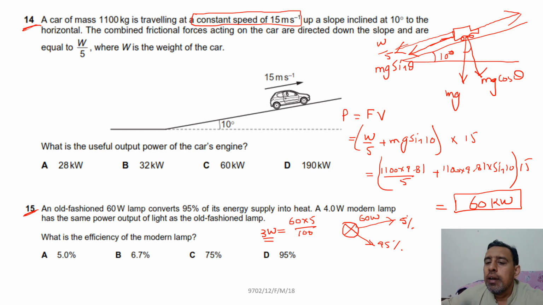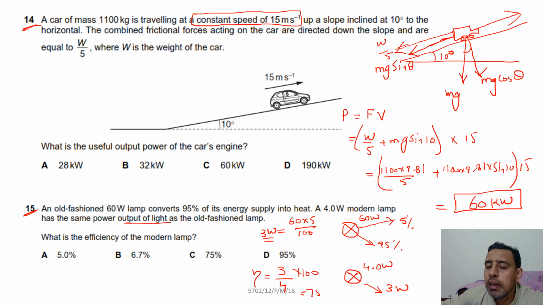But here we have a modern lamp, this one, and its power is 4 watt and has the same power output of light. It means this lamp is providing 3 watt as output. What is the efficiency of the modern lamp? So you know that if 3 is the useful output and the rating is 4, multiplied with 100 to get the efficiency, then the answer is 75%.